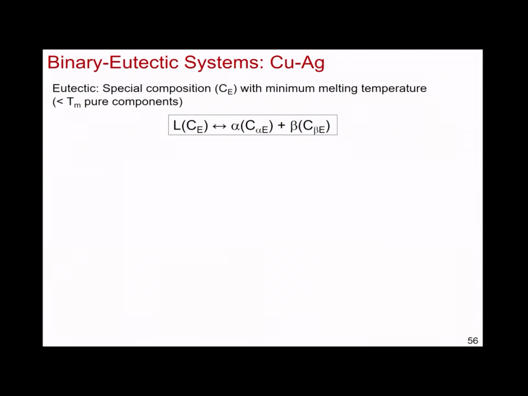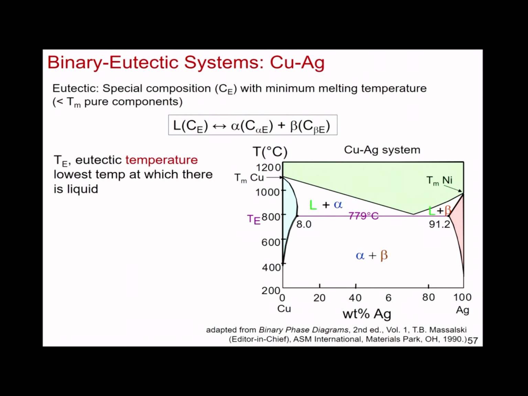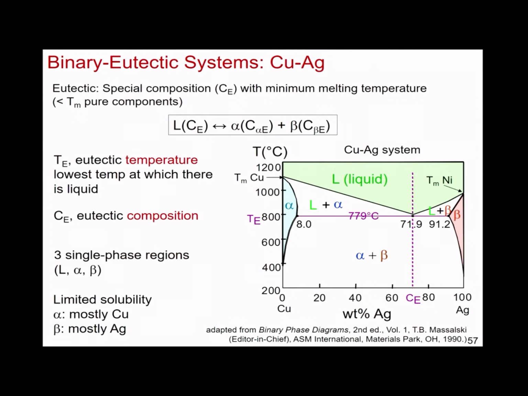Okay, so here's an example, the copper-silver system. You also have the animated version of this phase diagram in Wiley Plus, and in fact, your homework asks you to refer to this phase diagram as you move along in composition as well as in temperature.